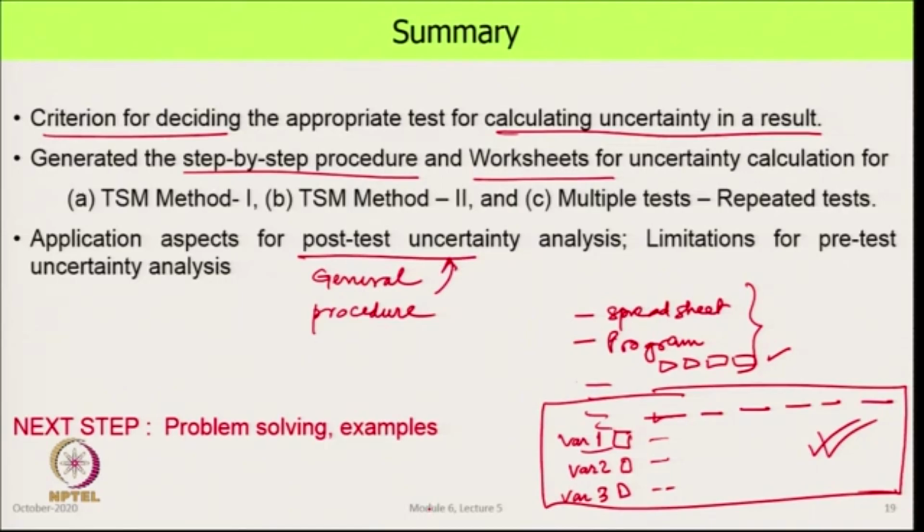And then we said that with some slight changes in the way we evaluate certain parameters, we could use it for pre-test uncertainty analysis. And of course, for pre-test uncertainty analysis, the multiple test method just cannot be used. So, the method we have is robust, of course, for post test and also to a very large degree sound and good for pre-test uncertainty analysis.